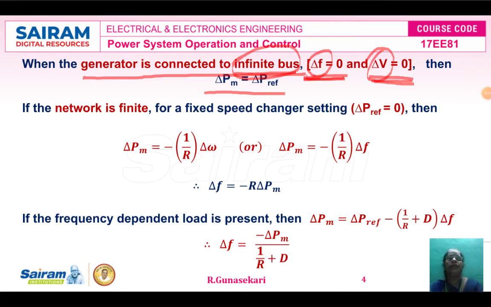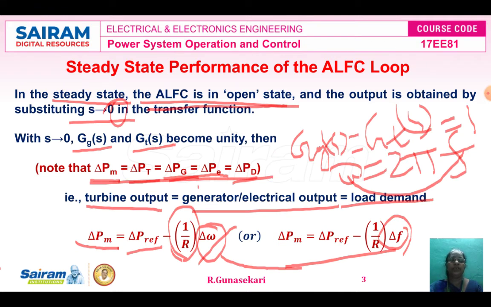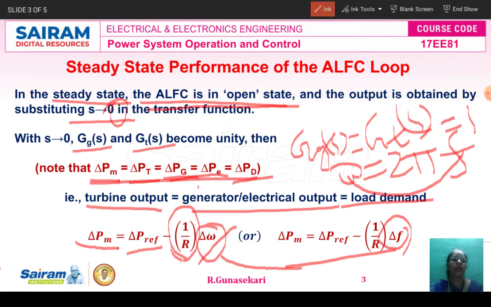You see the previous equations. Previous equation what? Del PM equal to del P reference minus 1 by R into del F. In this equation, the del F goes to 0, that is equal to 0.